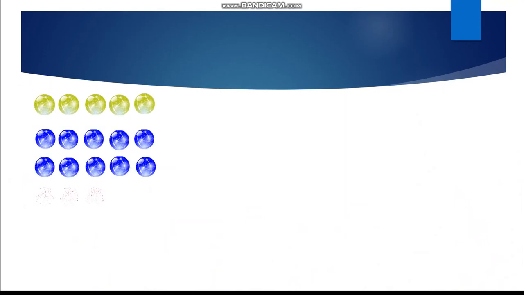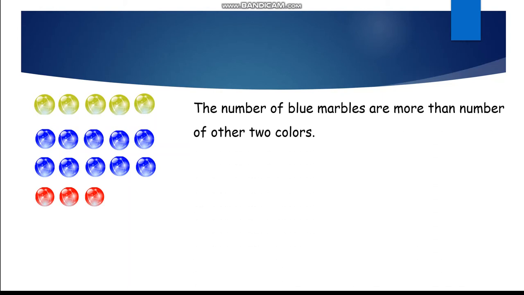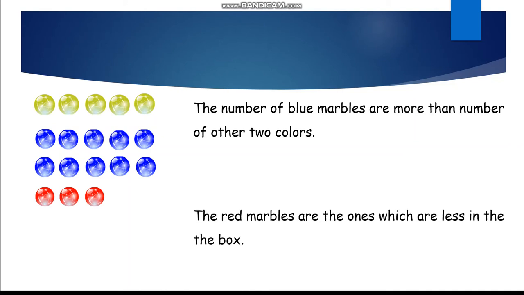What do we have? Yes, we have yellow marbles, blue marbles, and red marbles. And what can we say about the quantity of these marbles? Yes, we can say that the number of blue marbles is more than the number of the other two colors. And what about the red ones? Yes, the red marbles are the ones which are the fewest in the box.